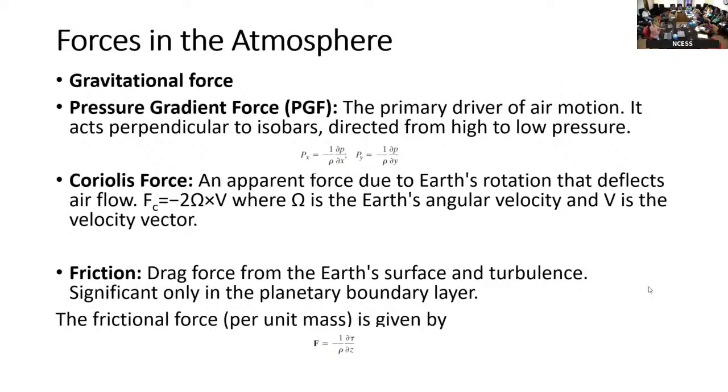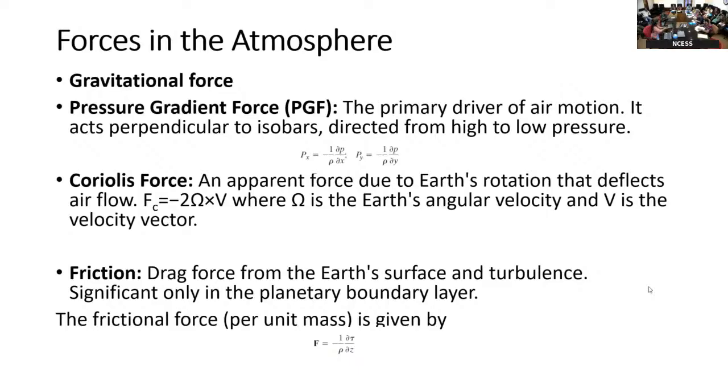The Earth is the frame of reference, so due to its movement, that parcel takes an inclined path, towards the right or anti-cyclonic in the northern hemisphere and cyclonic in the southern hemisphere.